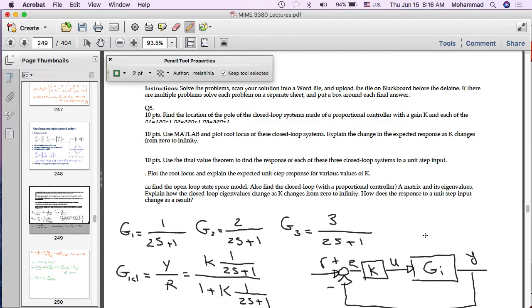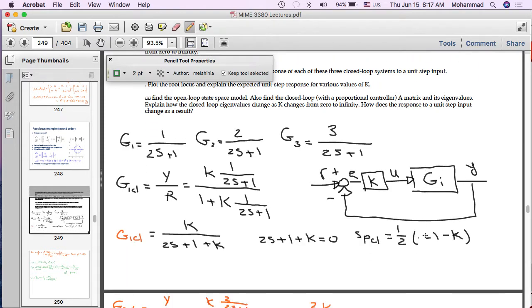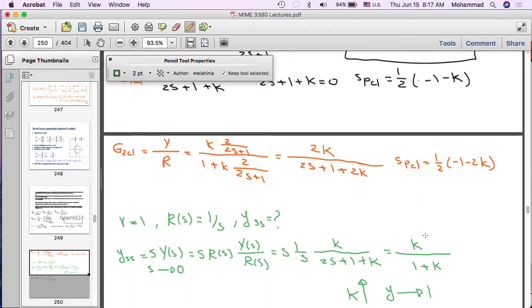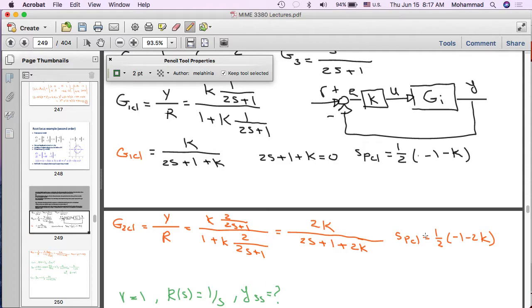So we did plot the root locus, and the expected shape of the unit step response for various values of k. If you look at the closed loop transfer function, let's again start with G1. This is a first order transfer function, and as it receives an input of 1, which is a unit step, the expected response is that it rises and gets to the final value.